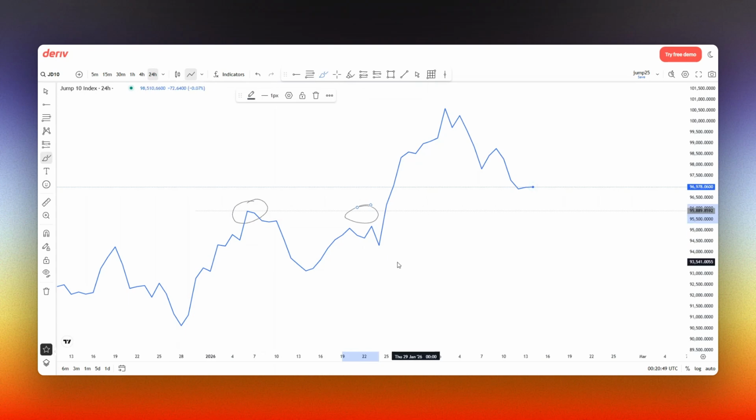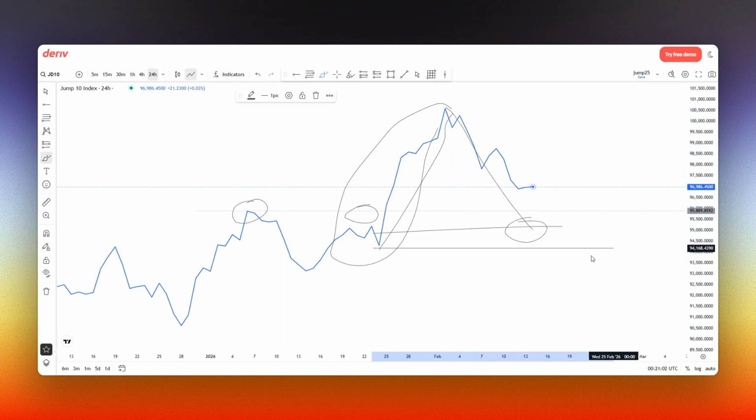So we know that this is a strong impulse pushing the price to the upside. But I'm waiting for the market to come back to this level, whereby you'd say, okay, yeah, let me try and show you this.